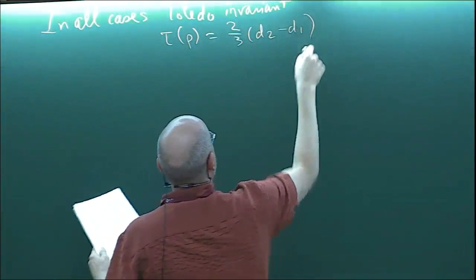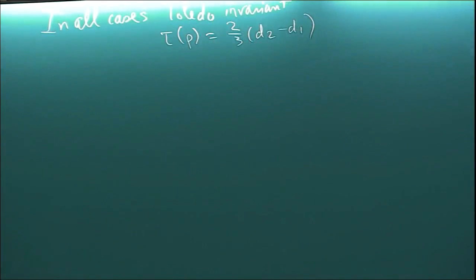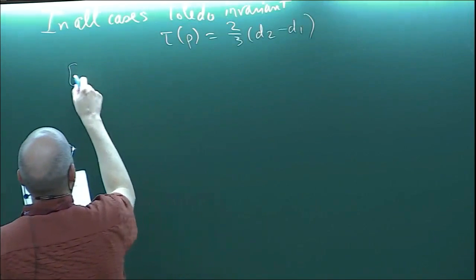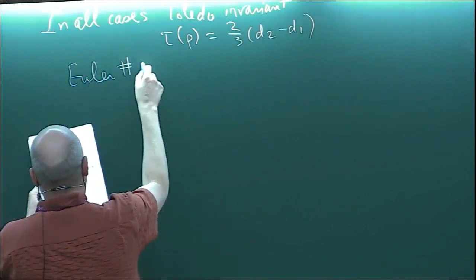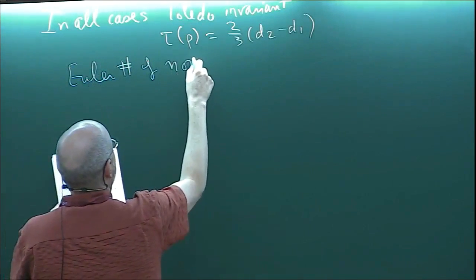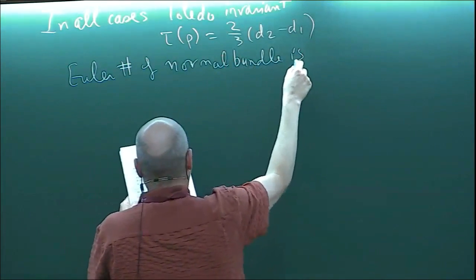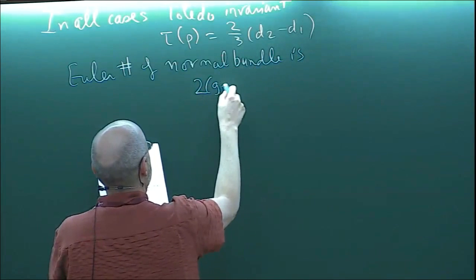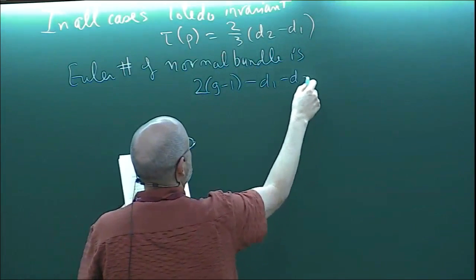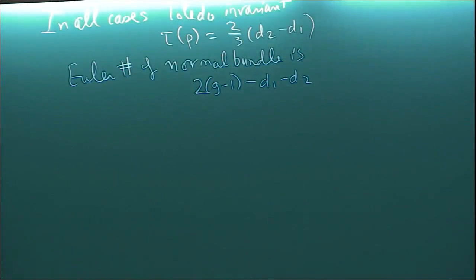It's essentially just the difference between the degrees of these divisors up to this power of 2/3, and the Euler number of the normal bundle of F is 2 times g minus 1 minus D1 minus D2, okay?